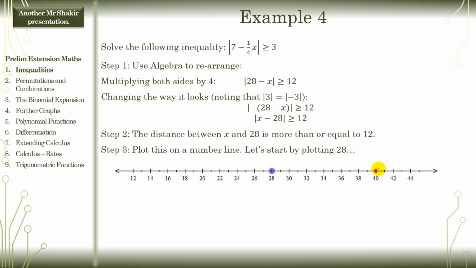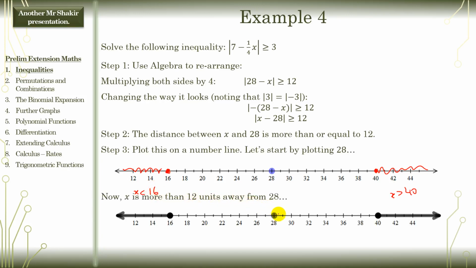And the distance has to be more. It'll be there. And similarly, 16 has to be there. Now algebraically, we write x is more than 40, or x is less than 16. Those are our solutions, and as expected, that is the answer.